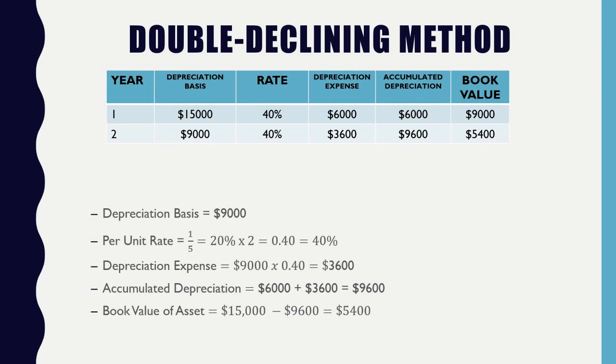So as you can see, it's a chain reaction, they're just linking each other up until you finally come to the conclusion where your book value becomes equal to salvage value. So remember that rule: book value can never fall below salvage value.